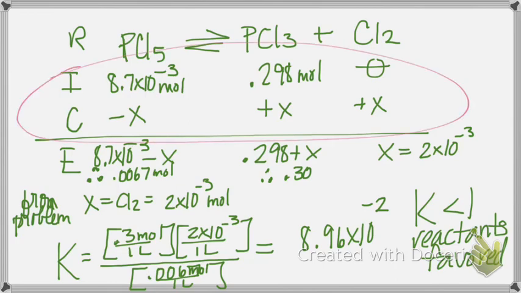Okay, it depends on which direction the reaction favors. In this case, we didn't have any information, so we can't calculate. So we're assuming the forward. In the next couple of problems, we're going to check to see which direction, because we're given initial concentrations, and depending on what those are, we could favor the reactants, or the forward, or the reverse reaction.